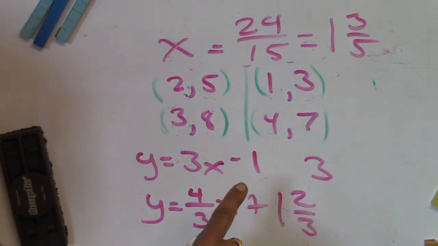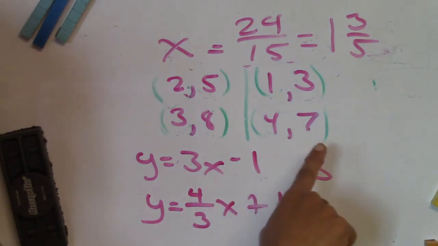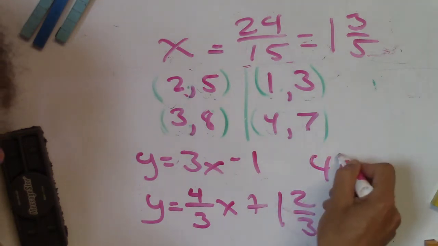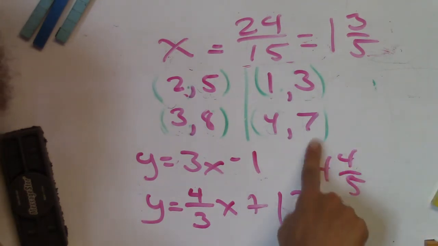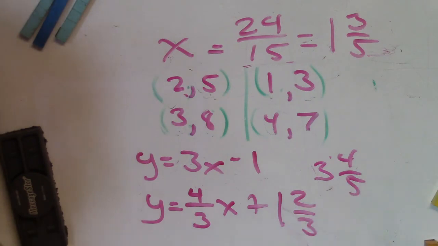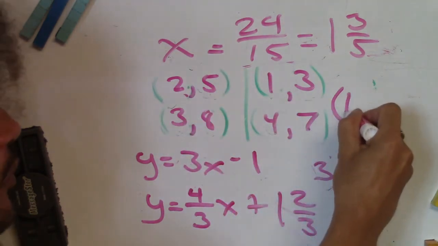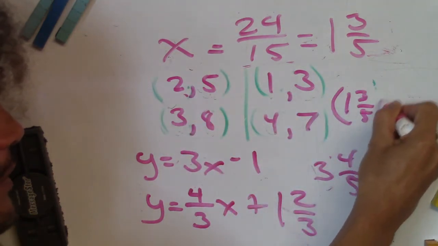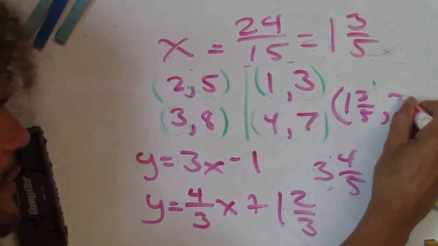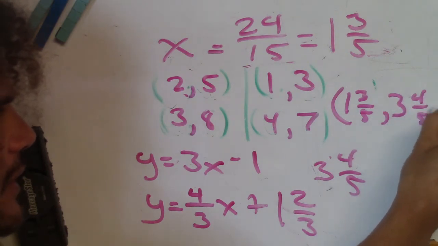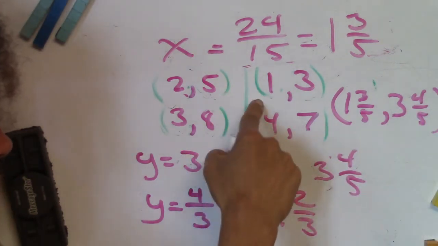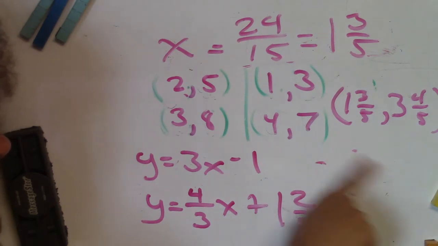Okay, so 9/5 is the same thing as 1 4/5, so 4 4/5 minus 1 is 3 4/5. Alright, so the point that I just figured out is that when x is 1 3/5, y is 3 4/5. And that's where these two lines cross.